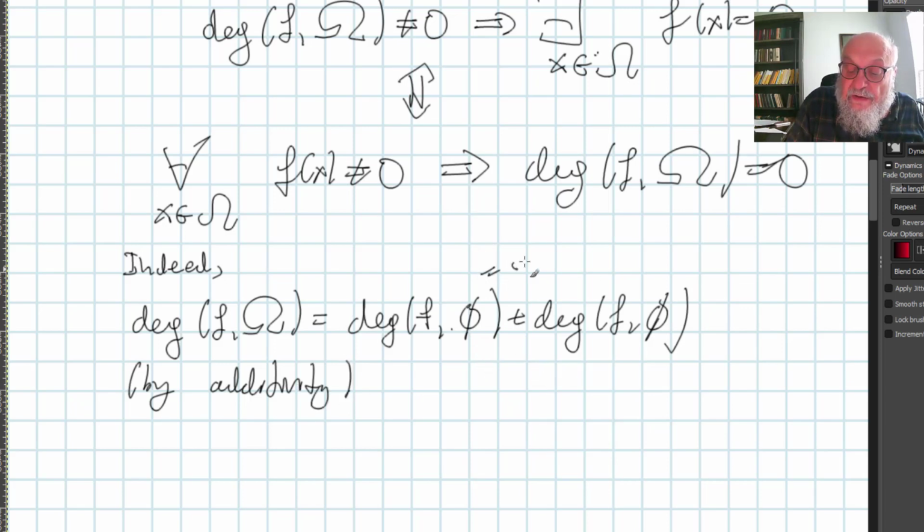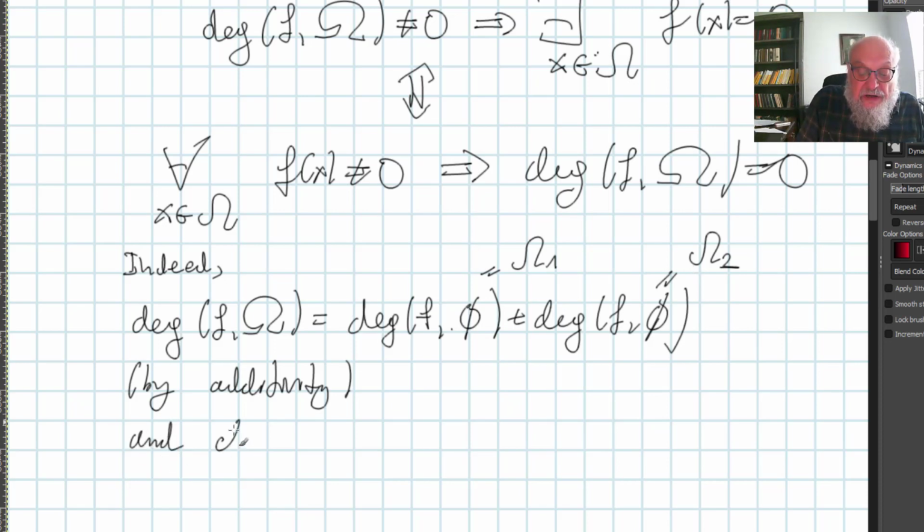So in our case, this one is our omega 1, this one is omega 2, and it's very easy to verify that the conditions specified in the P1 are definitely satisfied, so we are getting that.